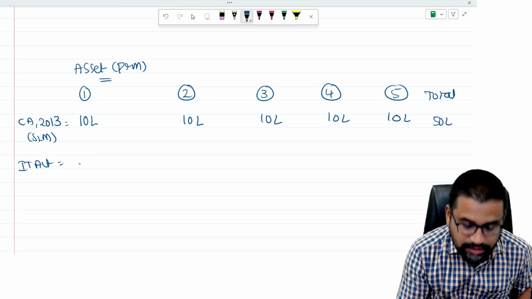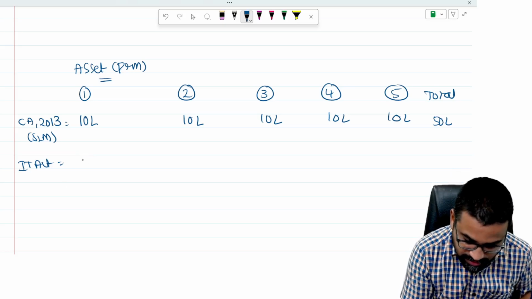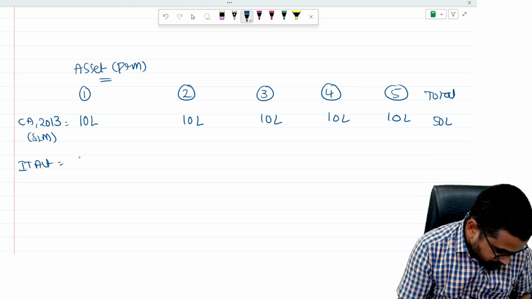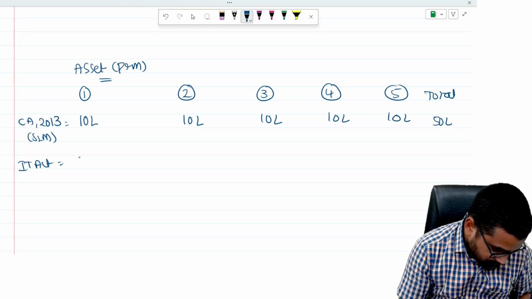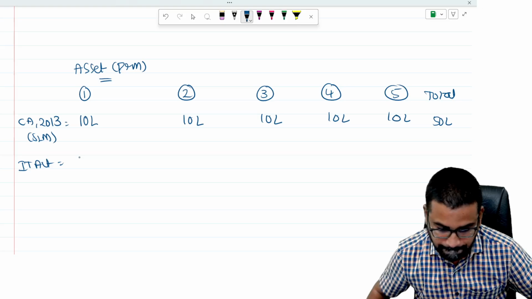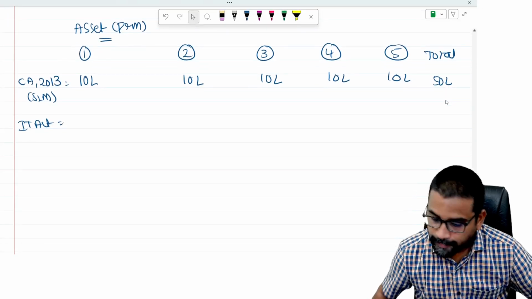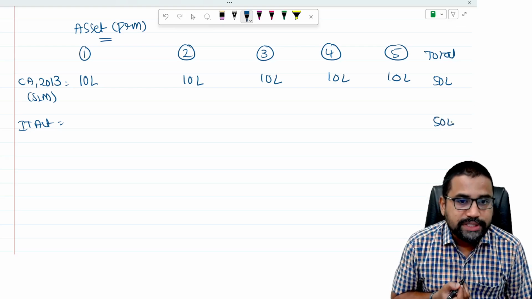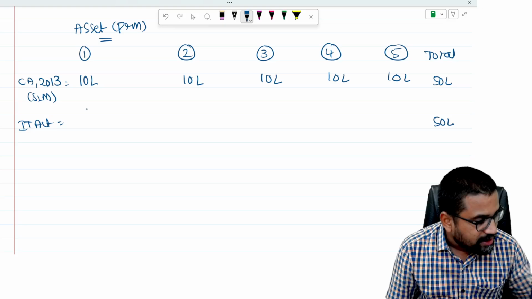Suppose the first year depreciation... total depreciation is same, but year wise differences.